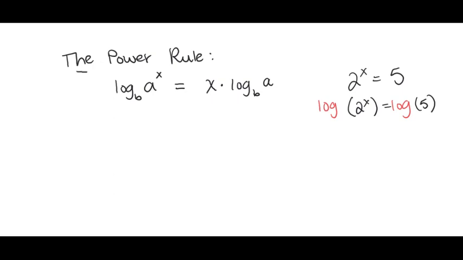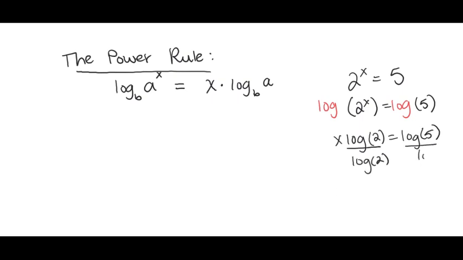We're going to use our power rule, x times log of 2. And then we're going to be able to isolate x by dividing by the log of 2. So we get x is equal to log 5 divided by log 2. We can approximate that on a calculator, but I'm just going to leave it there for now.